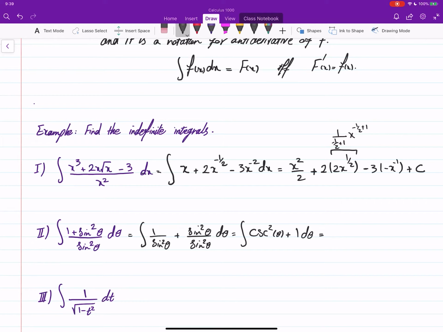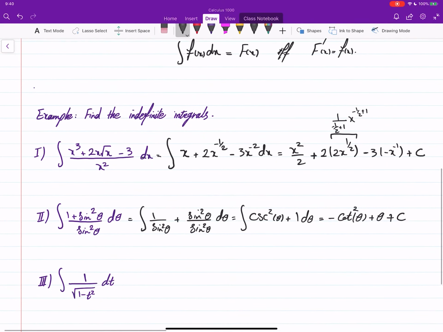I'm finding the antiderivative of this, which is nothing but minus cotangent theta plus the antiderivative of 1, which is theta. I'm anti-differentiating with respect to theta, and we should not forget that plus c.